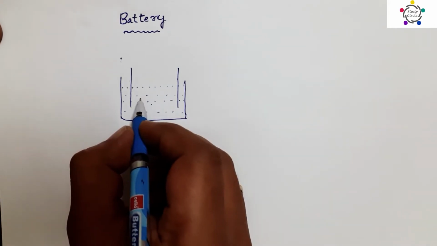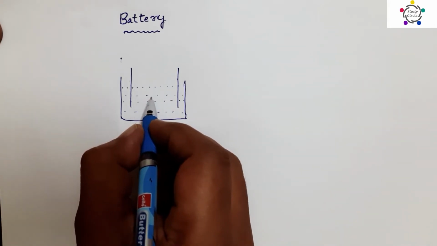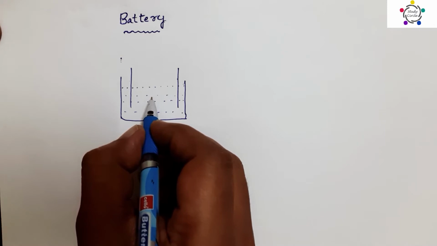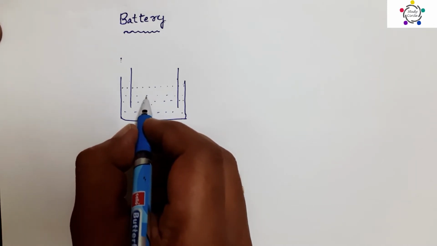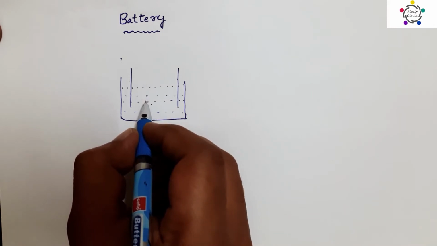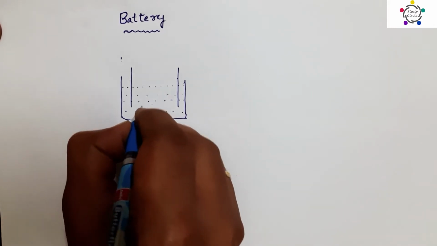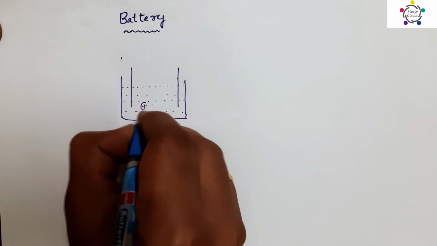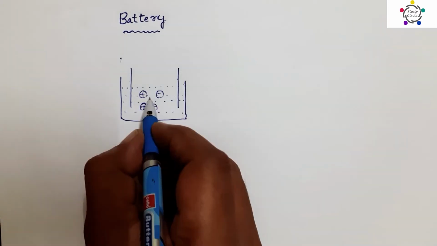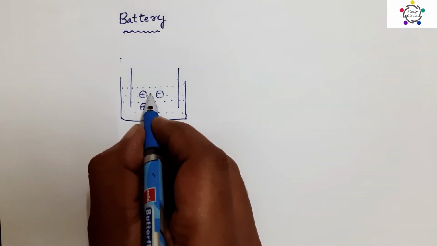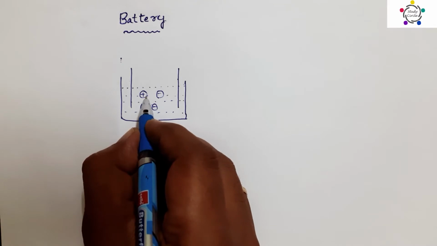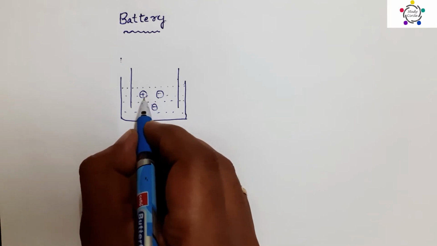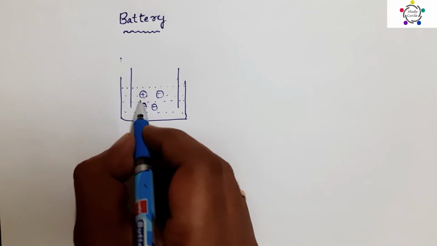The electrolyte consists of positive and negative ions which move in opposite directions. The electrolyte exerts force on these ions and makes them move in a specified direction.